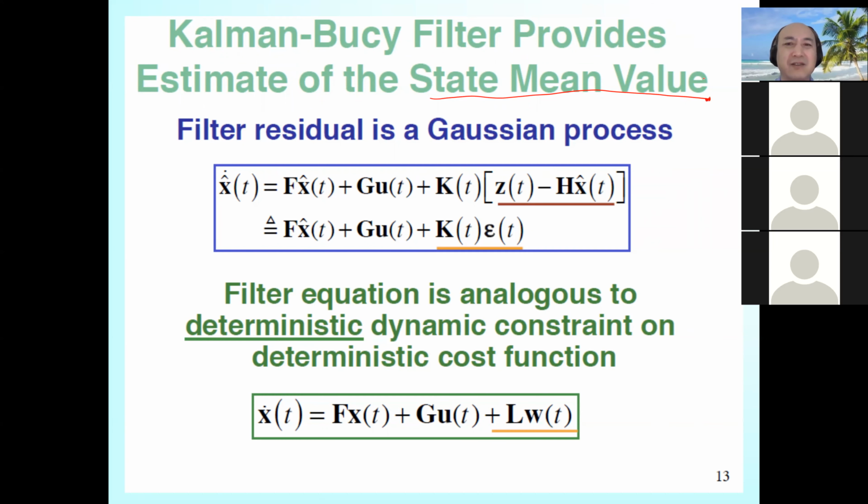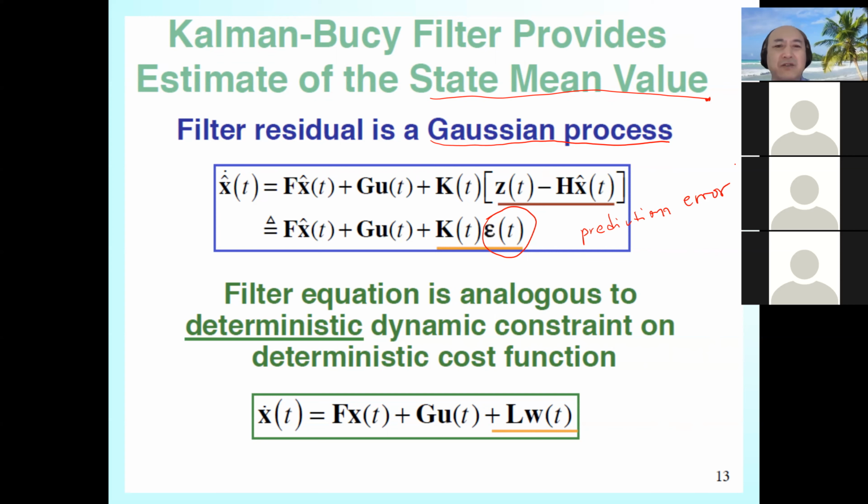How to do that? We assume that everything is Gaussian, okay? This is important. It's Gaussian, and we treat this epsilon as my observation error, I'm sorry, prediction error.